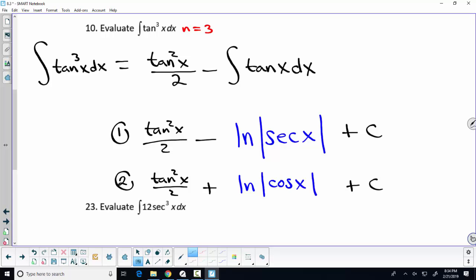Either one of those are valid for the overall integral. And if you look at the other reduction formulas, sine and cosine are fine because we know the antiderivative of those. But for secant, eventually you're going to get to a point where you have to integrate secant if you're using that reduction formula.